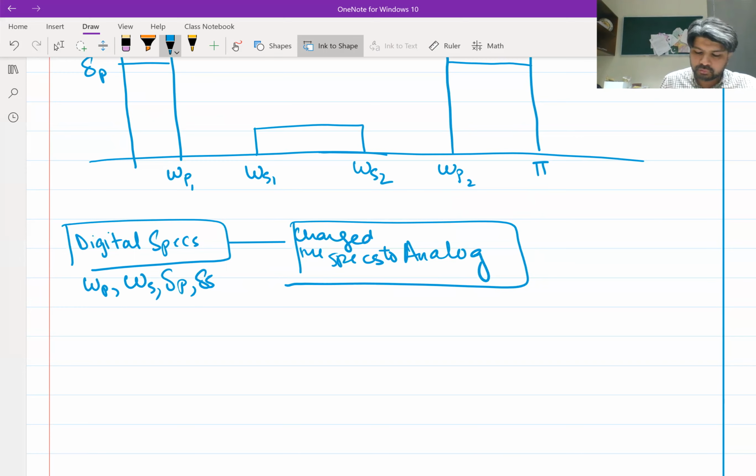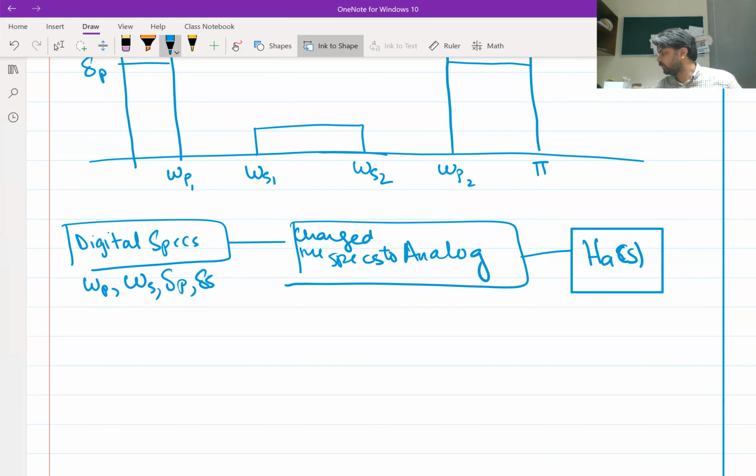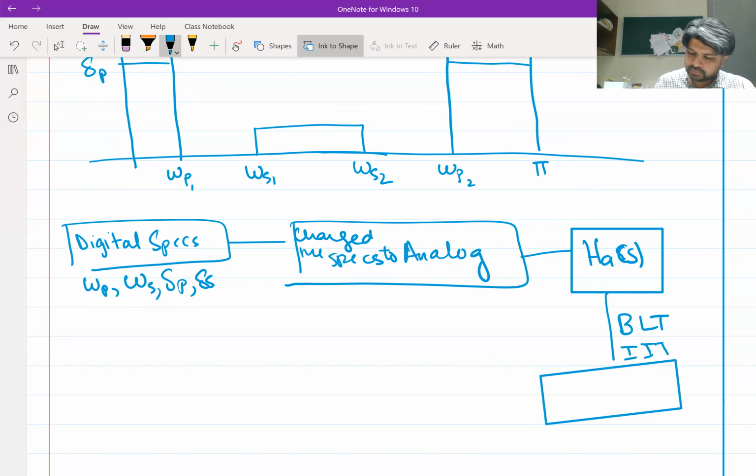So you used these transformations to convert the specifications into analog specifications, then you designed the analog systems, and then through BLT or IIT transformation, you converted these to digital filters.